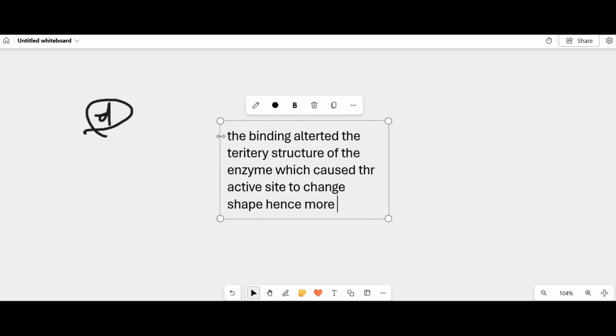Because the rate of reaction increased here, it somehow made it not an inhibitor. It makes more enzyme substrate complexes, so more enzyme substrate complexes form. You know that because the rate of reaction was increased with lactose.